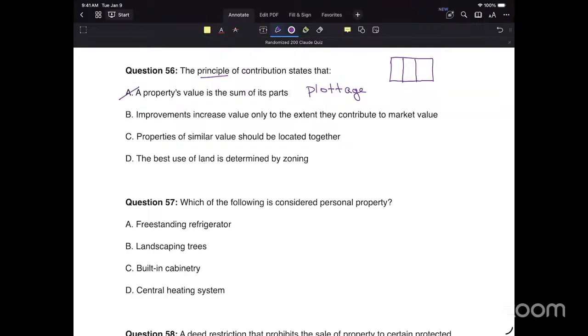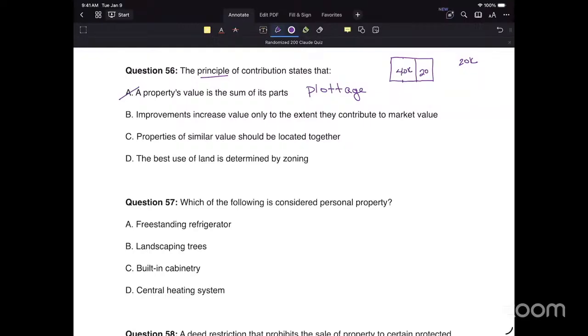I know my drawing is not equal, but whatever. And maybe let's say each lot individually is worth $20,000. So you got 20,000 here, 20,000 there, 20,000 there. Well, you would assume if somebody bought both of these lots right here, we made this one big lot, that it would be worth $40,000.